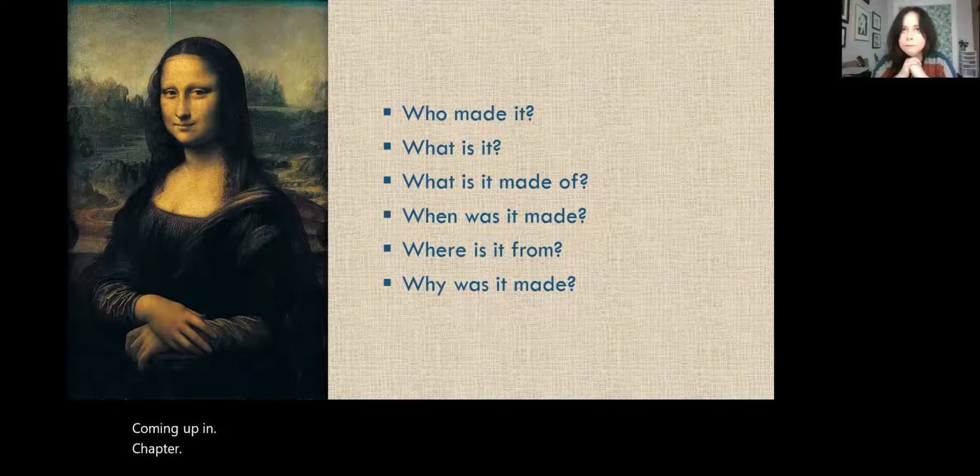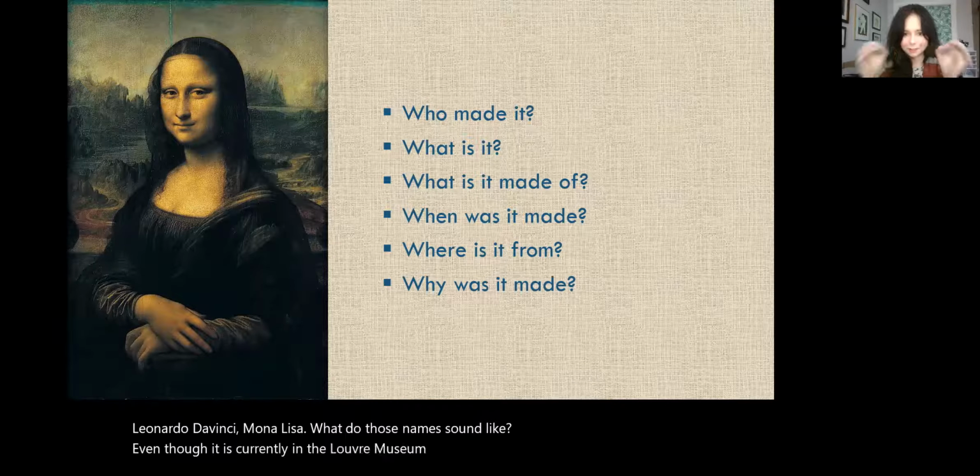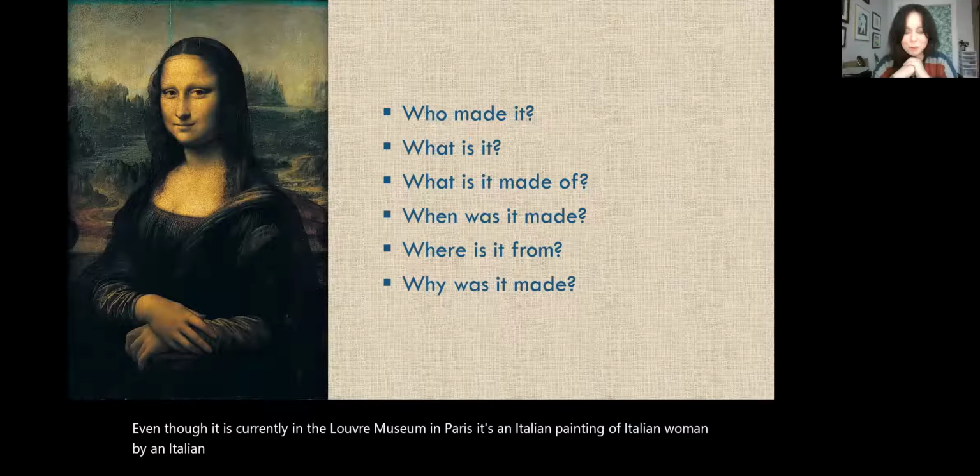Now, where is it from? Leonardo da Vinci, Mona Lisa. What do those names sound like? Even though it is currently in the Louvre Museum in Paris, it's an Italian painting of an Italian woman by an Italian master painter.